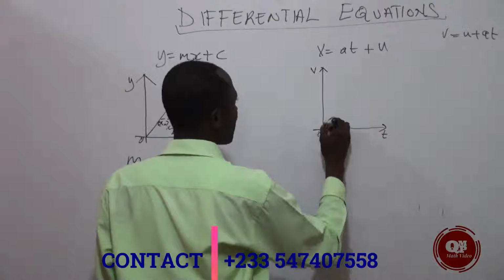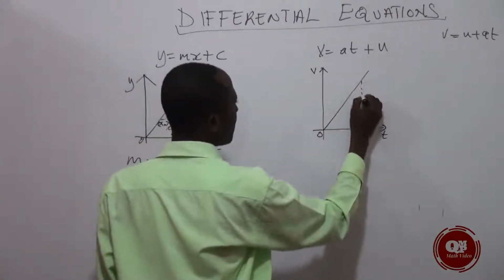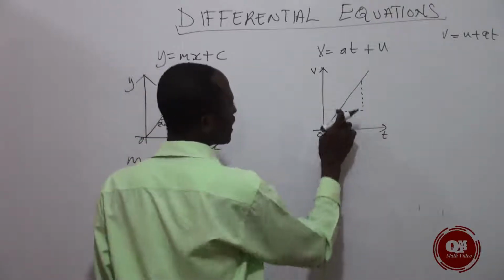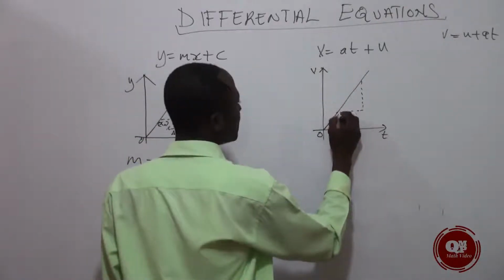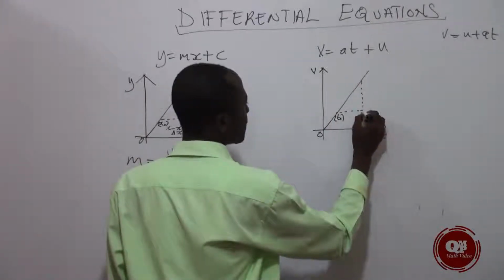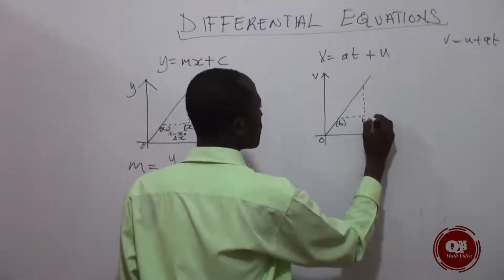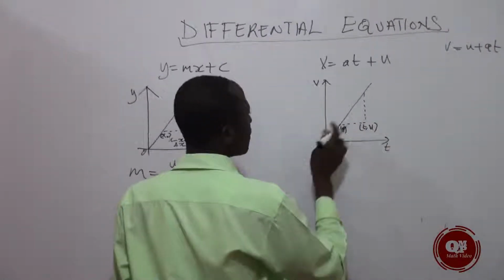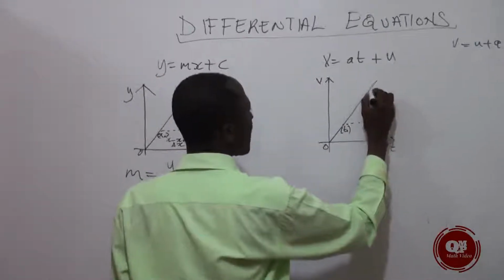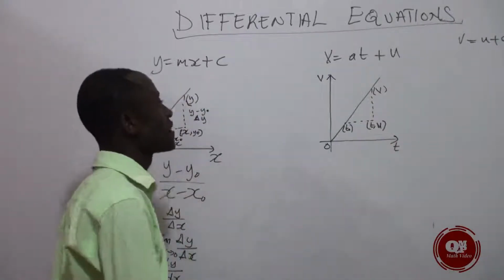So we have a line this way. Okay, so now it tells us that finding the gradient, we have our initial T, so that I'm going to call it T naught, and then we have our final T, and then we have our initial V, that is U, and then we have our final V. So it means that the U is the initial velocity, and then the V happens to be the final velocity.